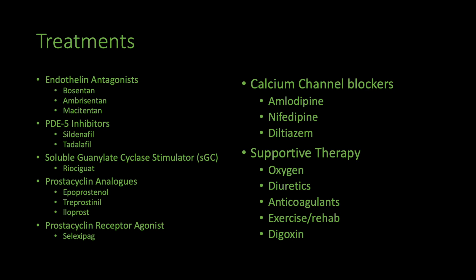Now, before I get to that mechanism, I do want to mention that ambrisentan is a selective ET1 antagonist, and bosentan, macitentan, sorry, are actually antagonists for both types of receptors.